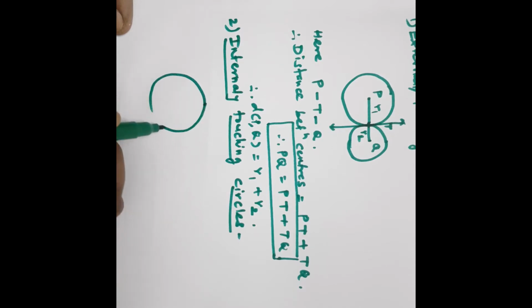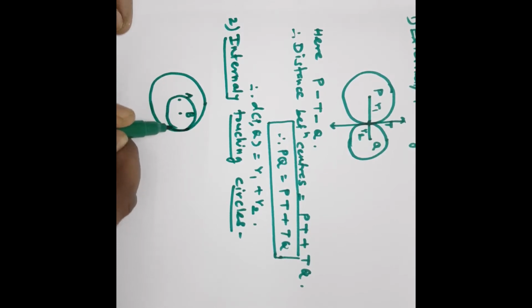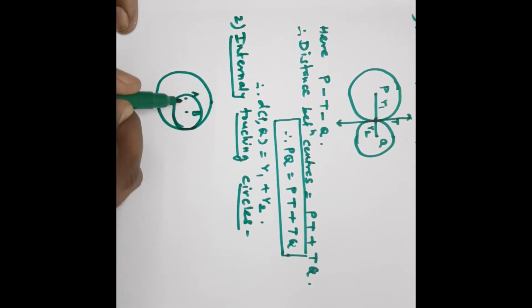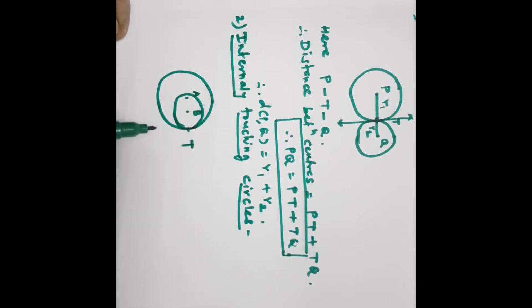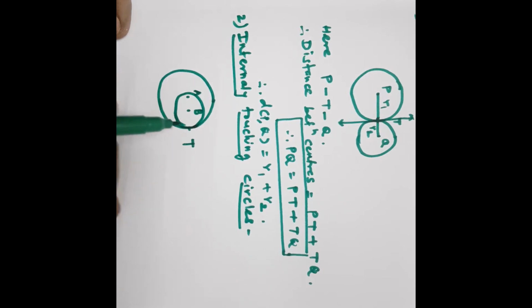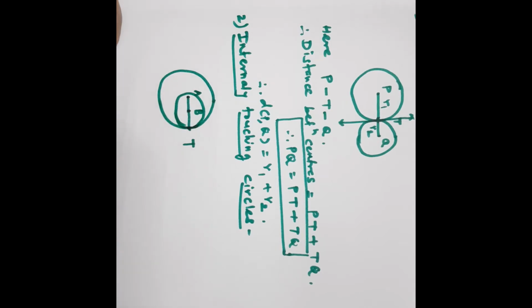There is one circle with center A, and another circle with center B, and they touch each other at point T. Therefore T is the common point between the circles with centers A and B. Points A, B and T will be collinear.